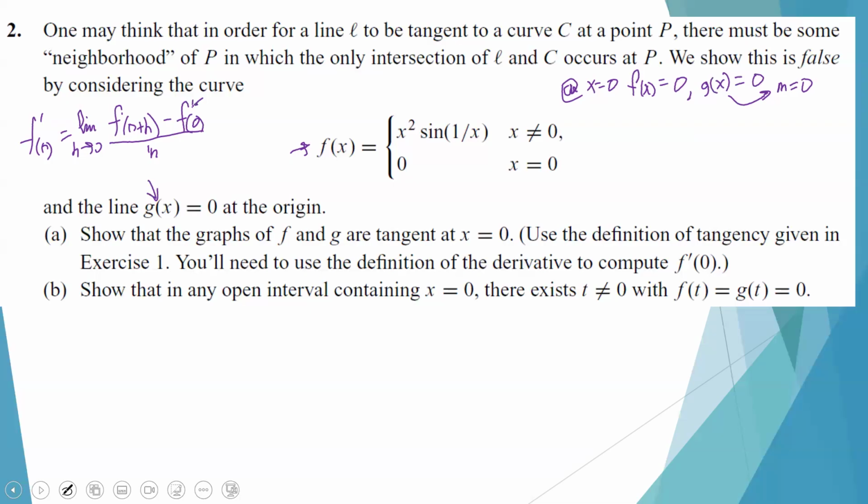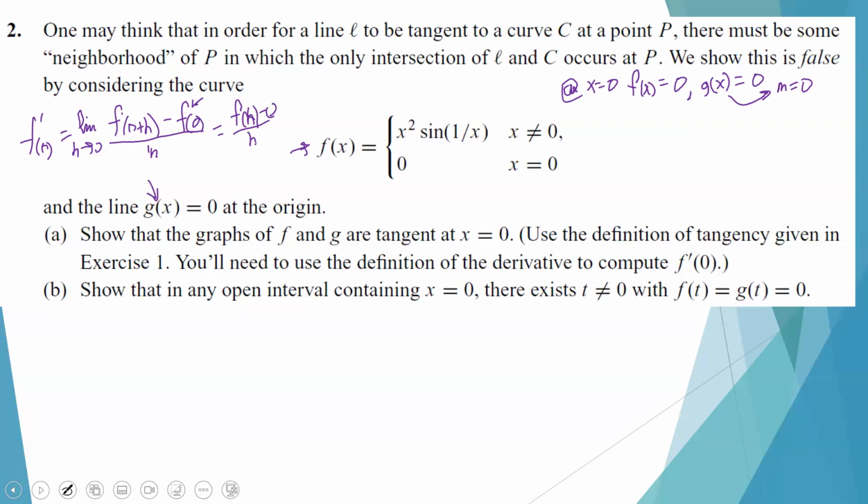So this actually becomes f of h minus 0 over h. It's a limit still. I'm not writing that, you guys should write that.